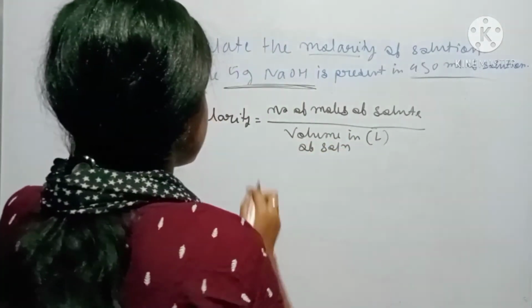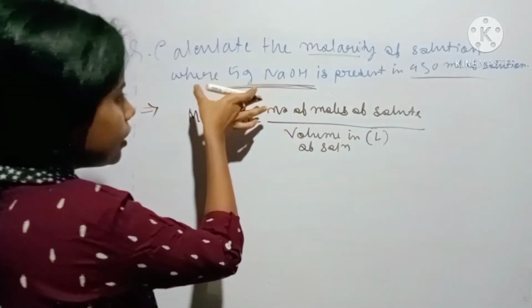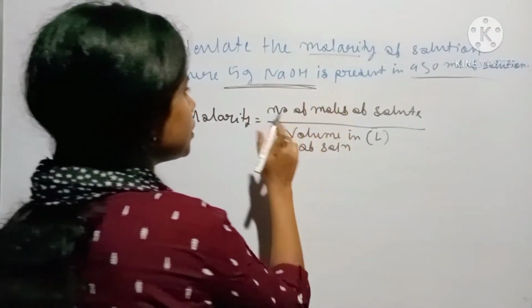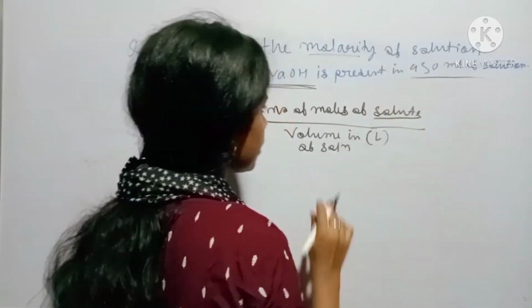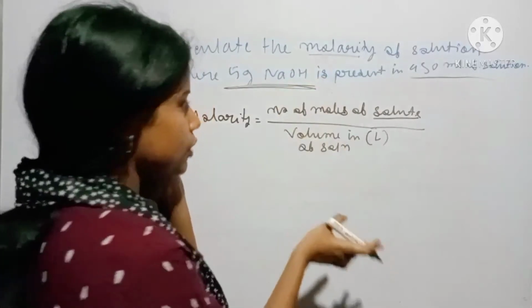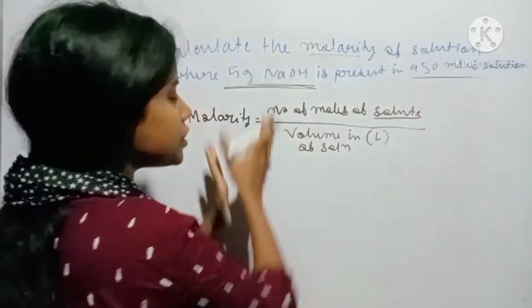Here 5 gram sodium hydroxide is there, and the solute is present in less amount, so sodium hydroxide is the solute. We have to calculate the moles of sodium hydroxide.